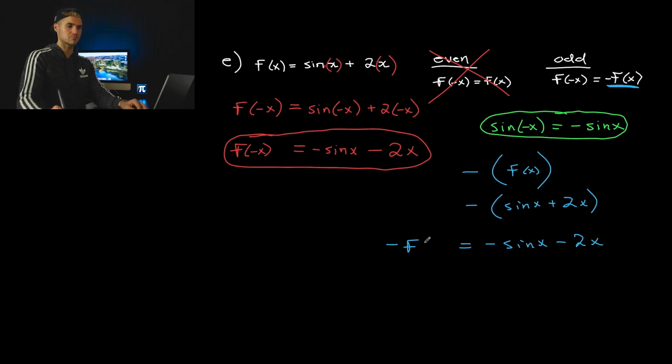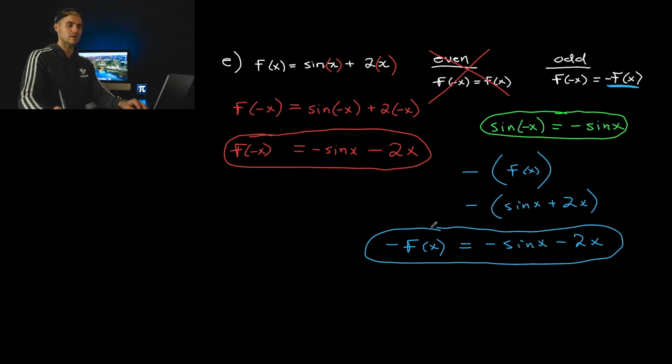So this expression in blue here is the expression for negative f of x. Now, is this and this equal? Yep, they're both equal, right? Negative sine x minus 2x, negative sine x minus 2x. So this does hold, right? So we know that this is an odd function.